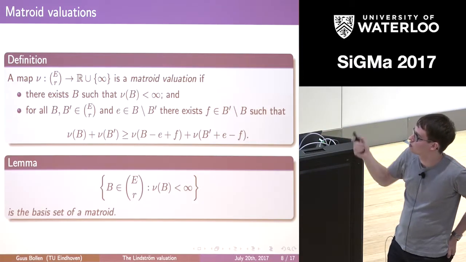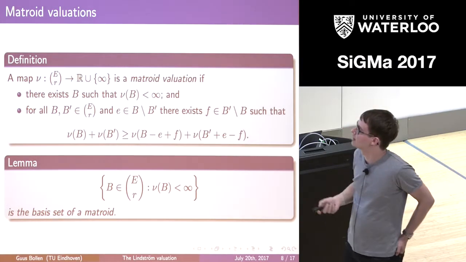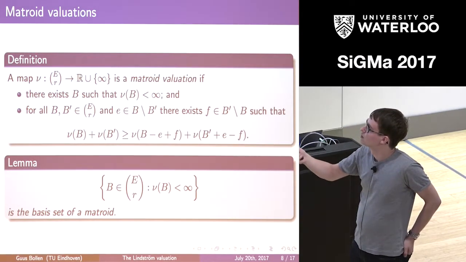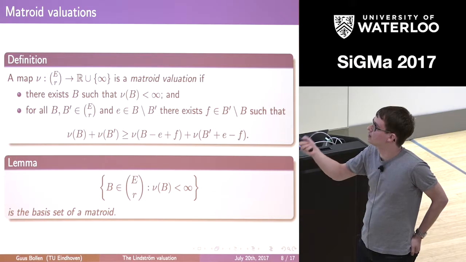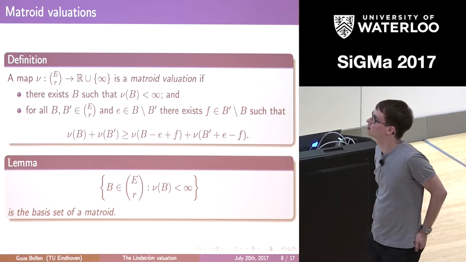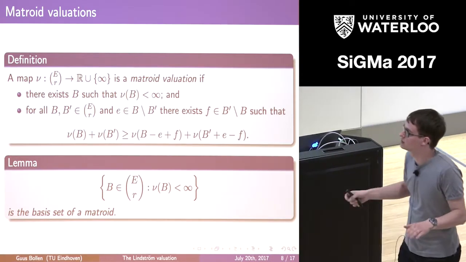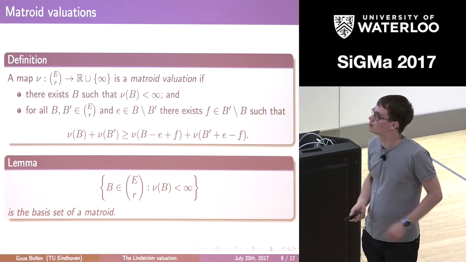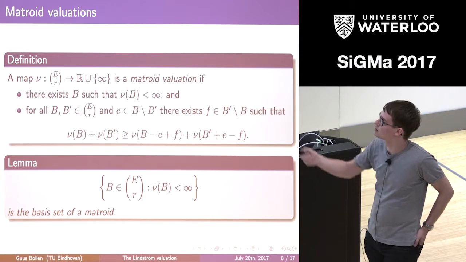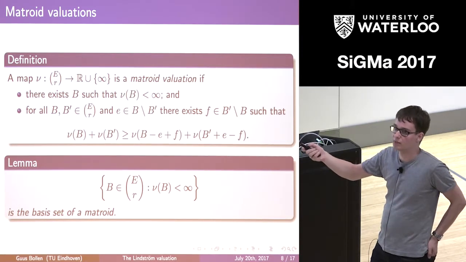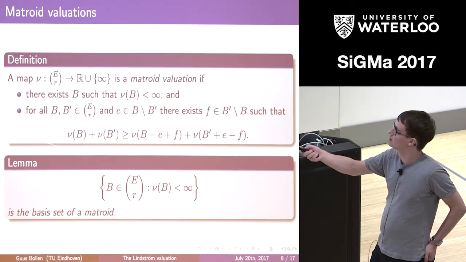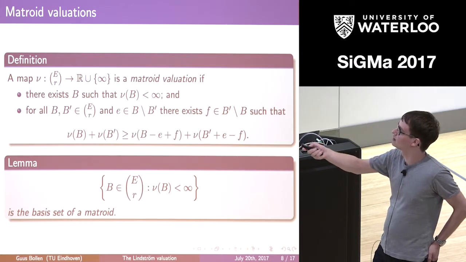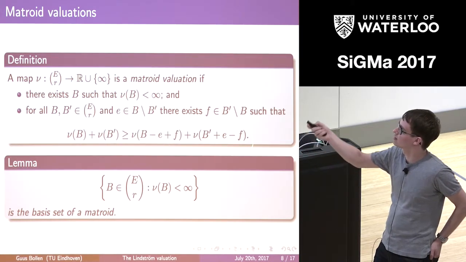The first observation is that all the B such that nu of B is finite give a matroid. This is not very hard to see, because if we want to prove the base exchange axiom, and these two are both finite, then neither of these can be infinite.